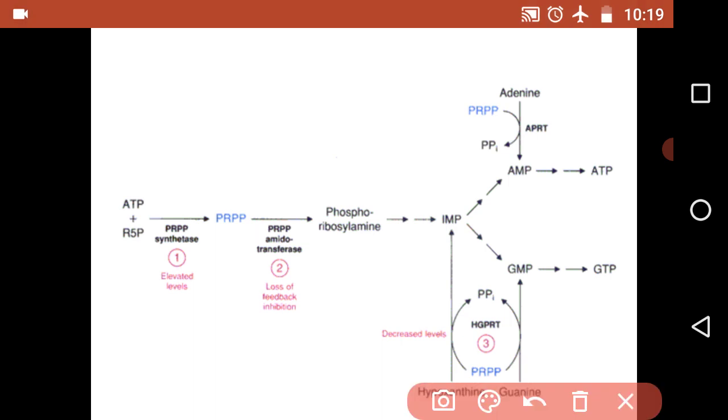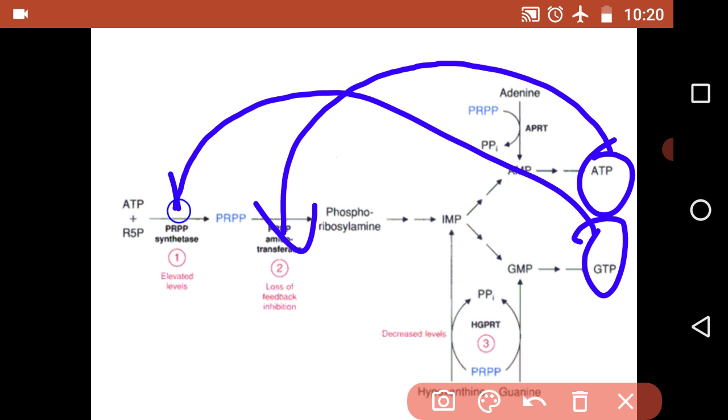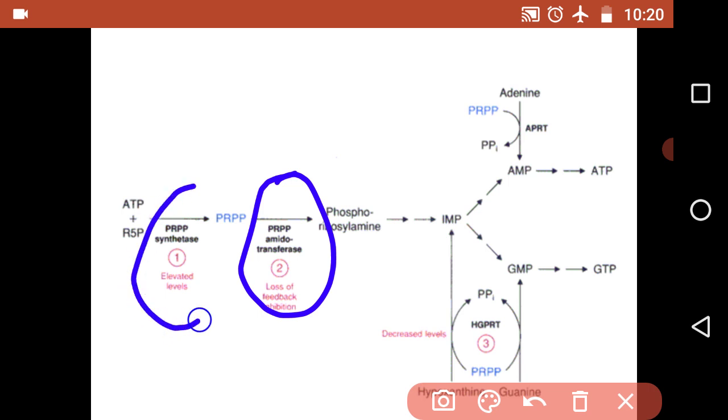This pathway is regulated by feedback inhibition. But when these enzymes are defective, and they are resistant to feedback inhibition, there is increased synthesis of purine nucleotides. So when the purine nucleotides are increased, which gets then catabolized to form uric acid, this leads to hyperuricemia.